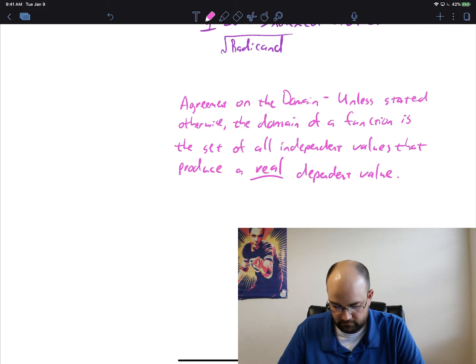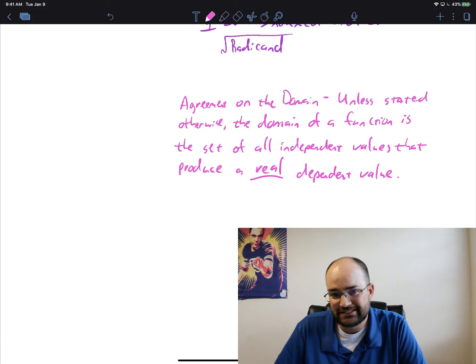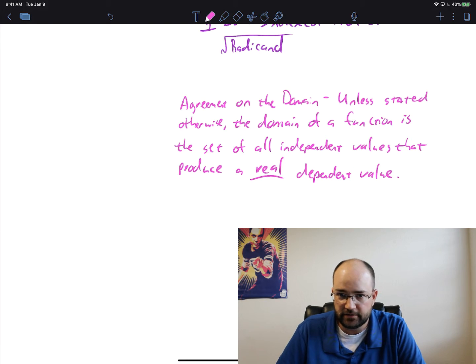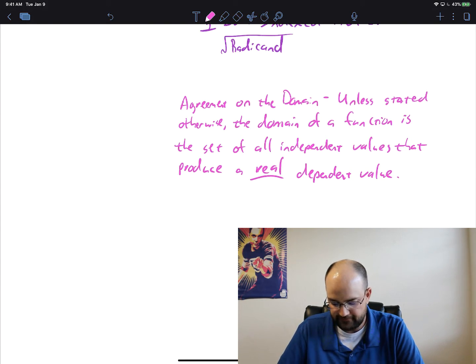Okay, so that's what we have here. The agreement on the domain says that unless stated otherwise, the domain of a function is the set of all independent values that produce a real dependent value.